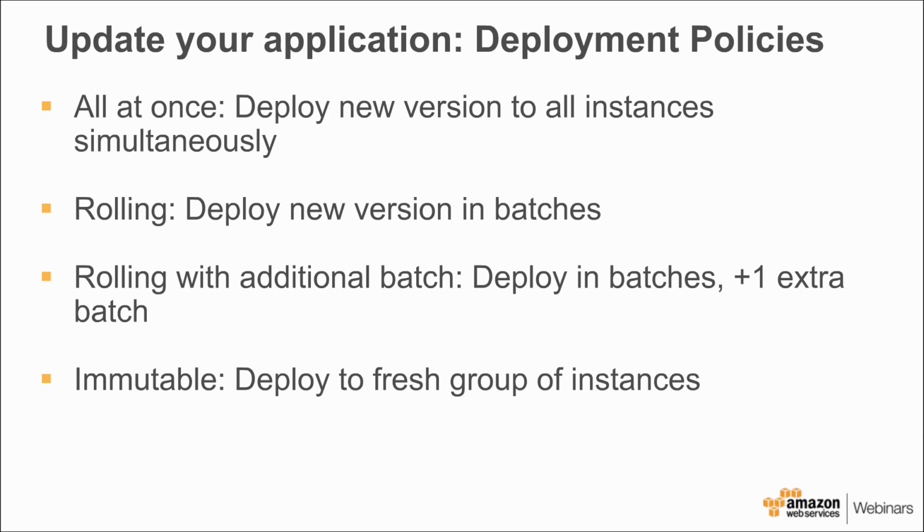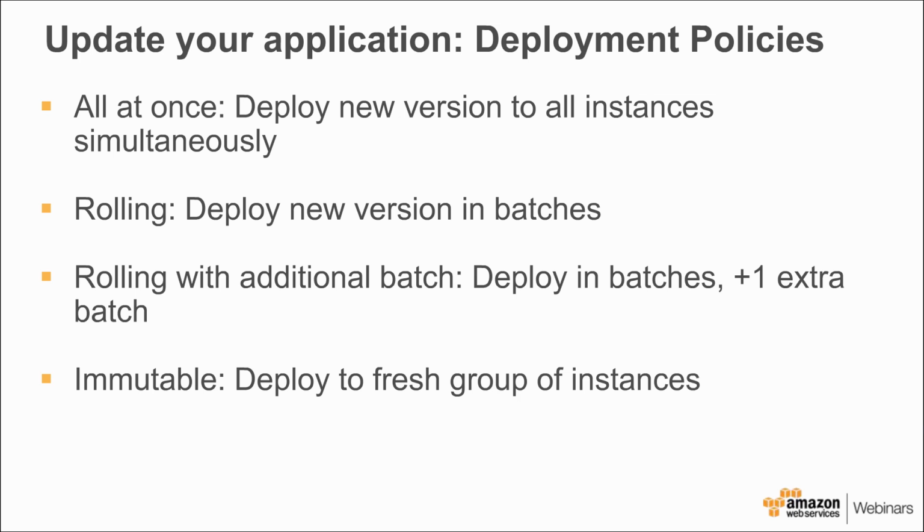There's also the option to deploy your new version of your application in batches, so we call this a rolling update. You can select a percentage of your existing fleet to which you should deploy the new version of the application. You might select that you only want to deploy to 50% of your fleet. So you might lose 50% of your service capacity during this rolling deployment, but if that's all that you need to maintain, then that should be fine.